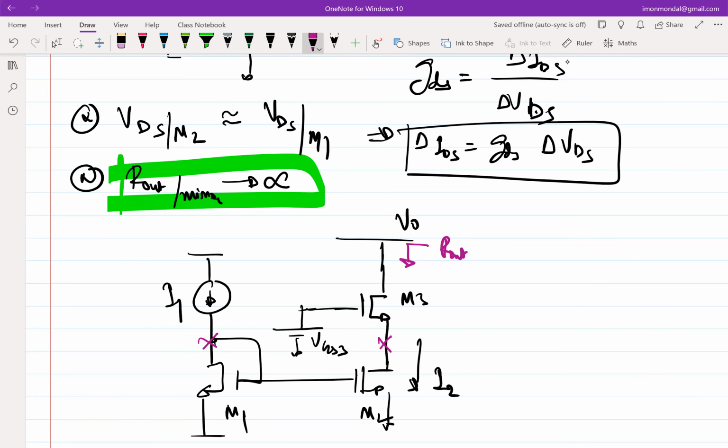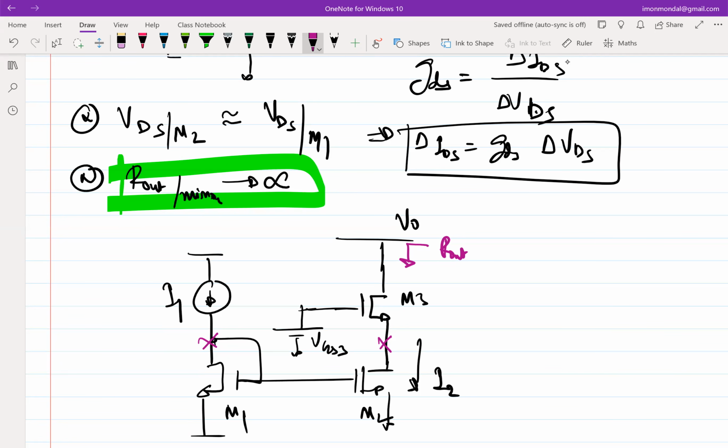Before we answer what needs to be done here, we need to understand who sets the drain voltage of M2. If we know who sets the drain voltage of M2, then I have a handle on making that voltage equal to whatever we want. So now tell me, who sets the drain voltage of M2?